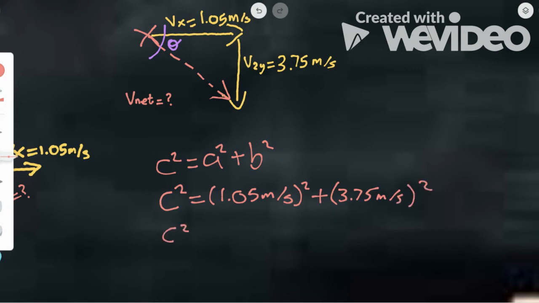When we add this together, we get c squared is equal to 15.165. When we take the square root of 15.165, we will get c. We calculated our c to be 3.89 meters per second.